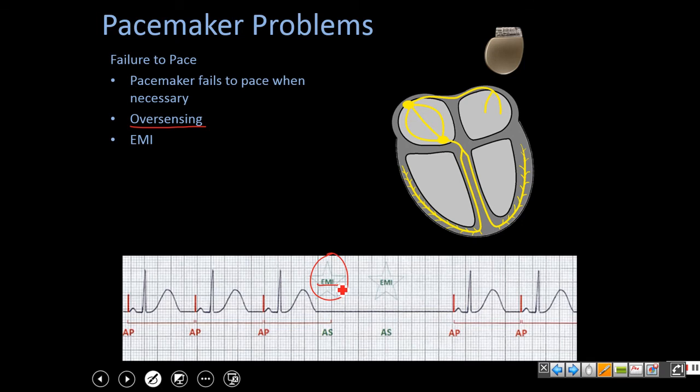And if that pacemaker senses an electrical impulse that is coming from somewhere else besides your heart, it might think that your heart's beating on its own. So here and here, it thinks there's a heartbeat. So A sense. So it's sensing an electrical impulse that it thinks is coming from your atria. So it's not pacing, because it's not supposed to pace if your heart's already beating. And that could be a potential cause for failure to pace.